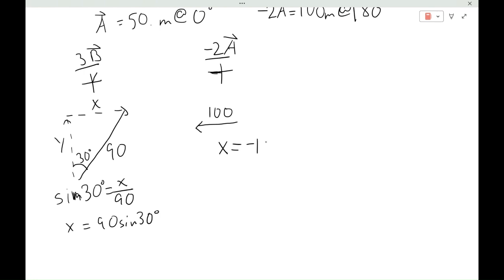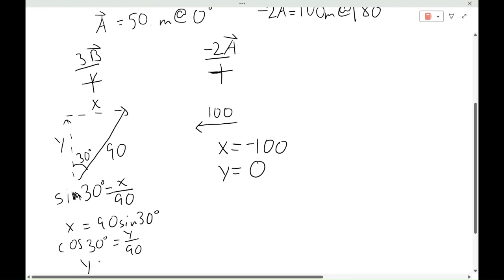So x is just negative 100. And since it's just going left at 180 degrees, the y is just 0. So to find y here, we would have to use cosine. Cosine 30 equals y over 90. And then it would be y equals 90 cosine 30 degrees.